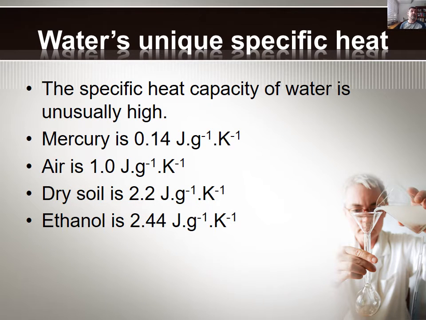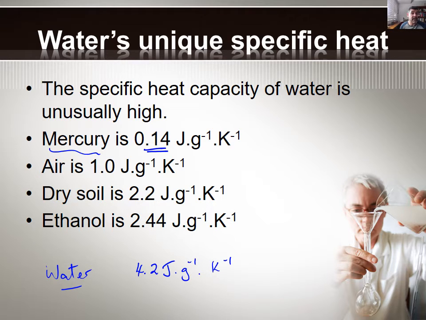So the first thing to do is to look at why that value is so high. Keep in mind we're looking at 4.18 joules per gram per Kelvin for water, and then compare that with each of these others. You'll find mercury, which is liquid at room temperature, is 0.14. It heats up very readily, taking a very small amount of energy to raise 1 gram of it by 1 degree.